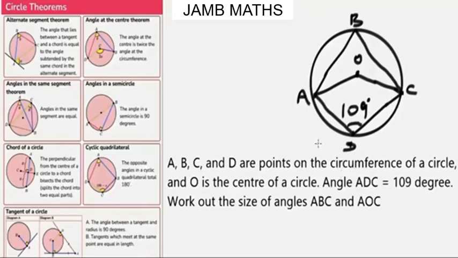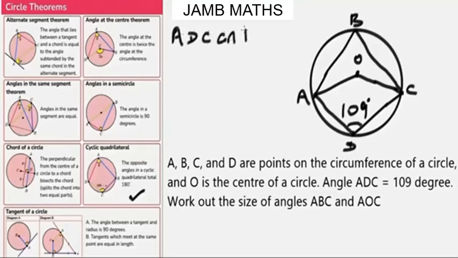If you look closely, you will observe that this is a cyclic quadrilateral. Since this is a cyclic quadrilateral, we have to make use of this rule, which says that the opposite angles in a cyclic quadrilateral total 180 degrees. You also observe that angles ADC and ABC are opposite.